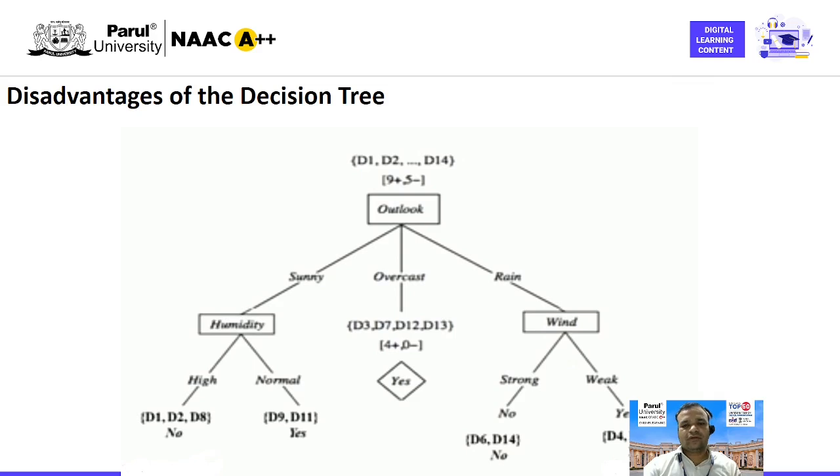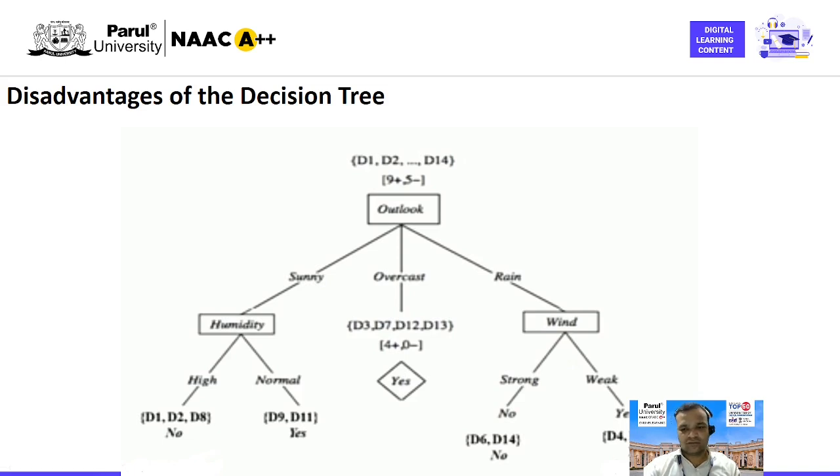After doing all this process, we will get humidity as the left decision node, with two values, high and normal. D1, D2, D8 say no, we cannot play at the time of high humidity and sunny weather. But D9, D11 said yes, we can play golf at the time of normal humidity and sunny outlook.